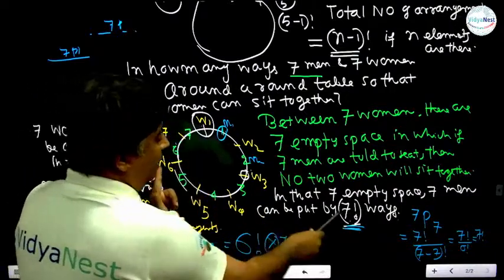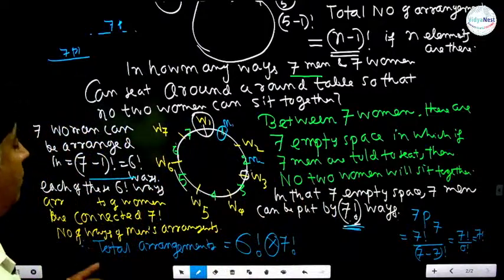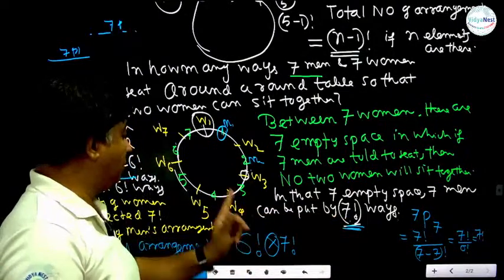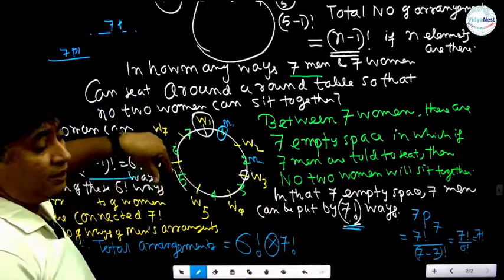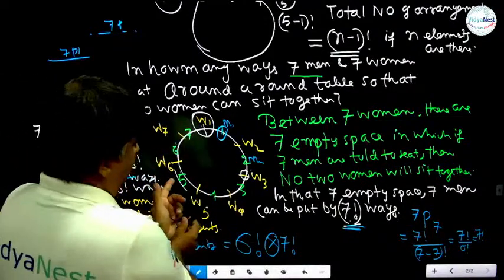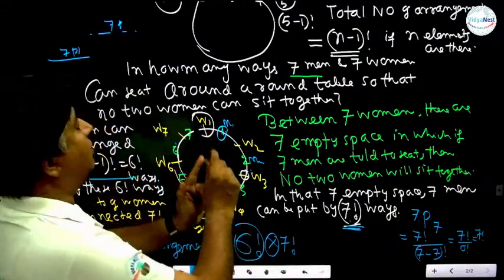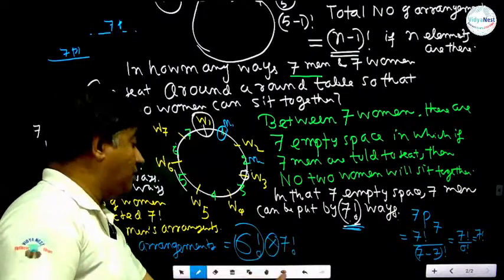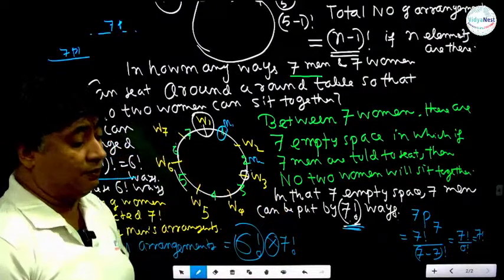With one way, there will be factorial 7 arrangements of men. So in that case I would not have multiplied factorial 7 with factorial 6. But here the women's position is not fixed. The women can be arranged in factorial 6 ways. So with each of these factorial 6 ways, there are arrangements of men in factorial 7 ways. Total arrangement: factorial 6 into factorial 7.